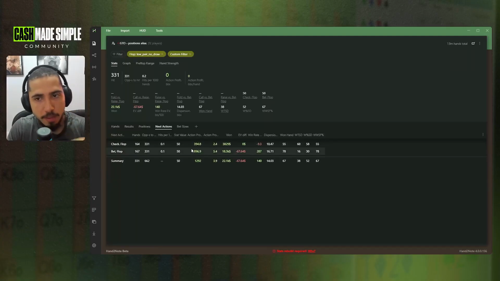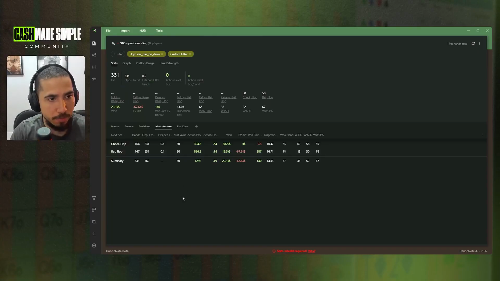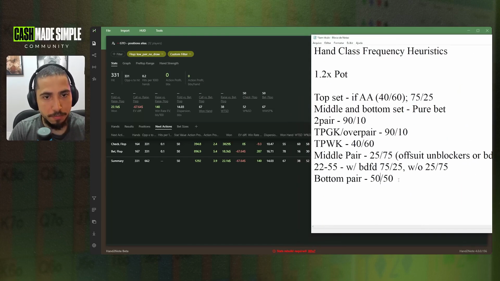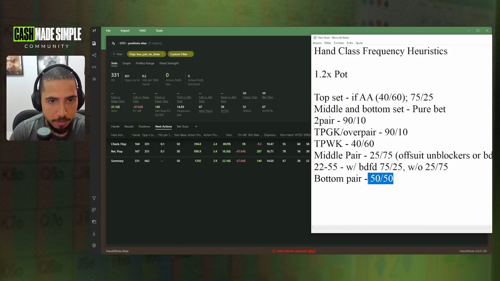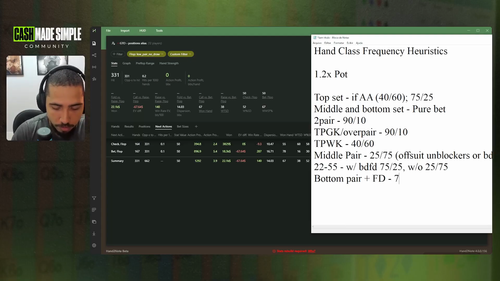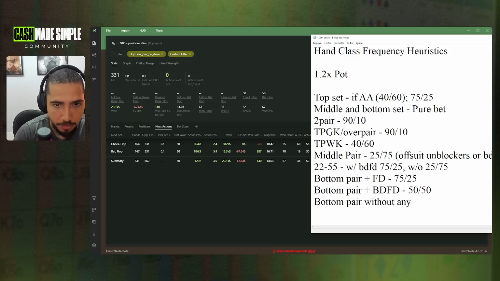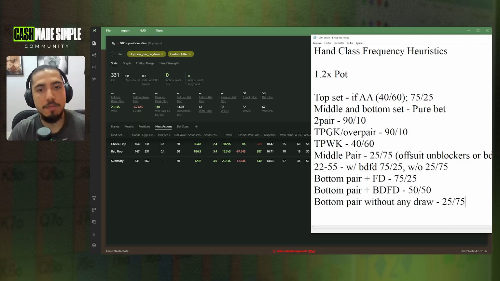Yeah, so unfortunately, I cannot filter for the bottom pairs with a flush draw and bottom pairs without a flush draw, but I'm pretty sure there's a difference. So if globally they're 50-50, I'm going to go ahead and say that bottom pair plus flush draw, you should play 75-25. And then bottom pair plus backdoor flush draw, you should play 50-50. And bottom pair without any draw, you should play 25-75. Okay, I think that's a very good heuristic here because there is a difference.